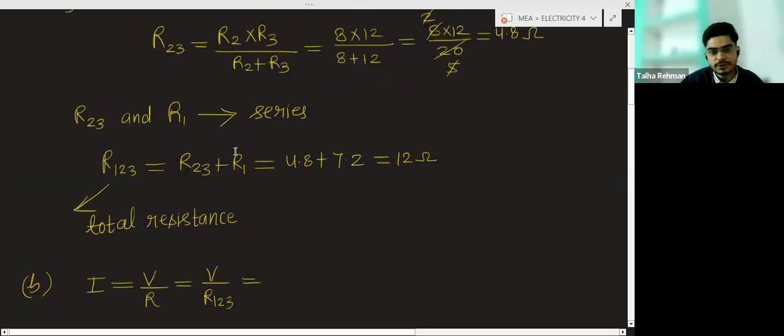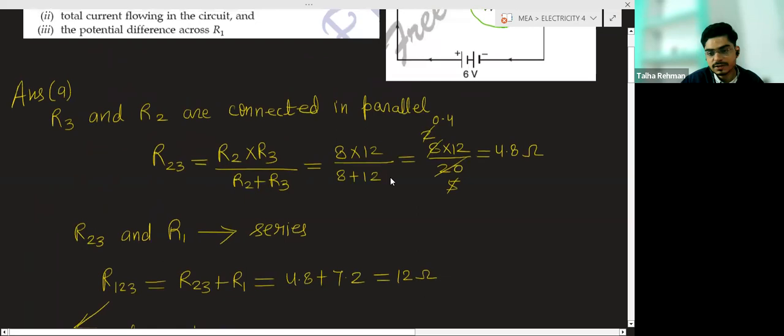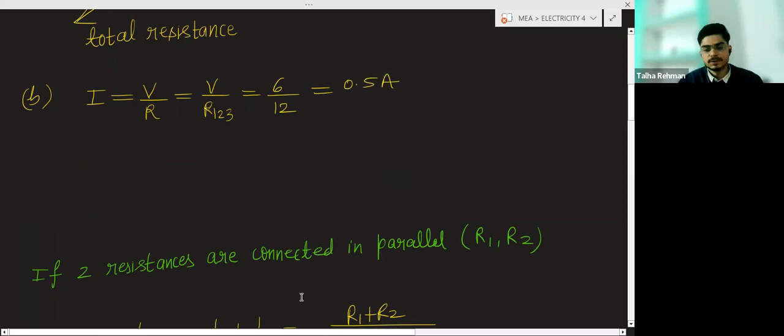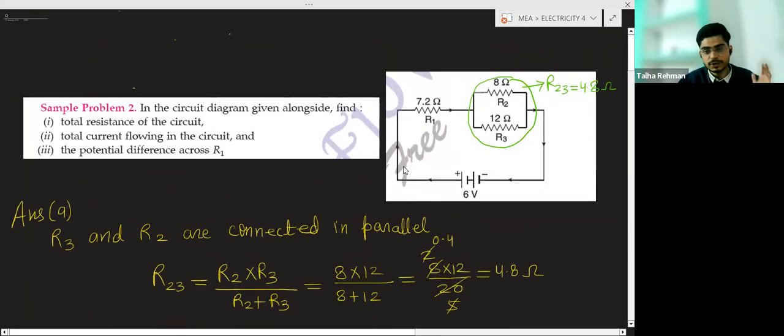So what is the potential difference? A 6-volt battery is there. So it will be 6 divided by R123, which is 12 ohm. So 0.5 ampere is the current.